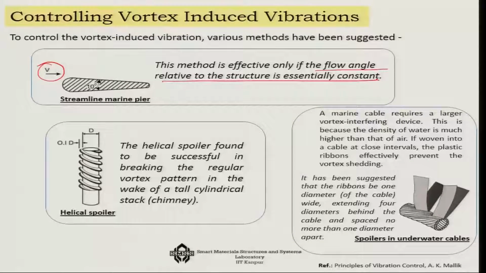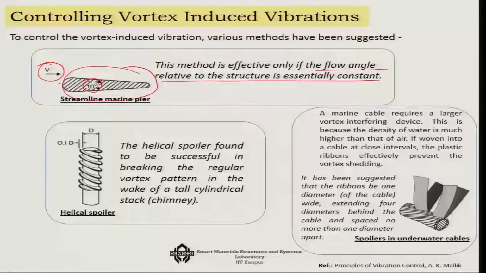In such cases you can actually design a streamlined pier system, which is of a particular angle, in this case it is 10 degrees. One can do that from the structure fluid interactions, and one can get an optimal design, with a shape of a pier which is streamlined.